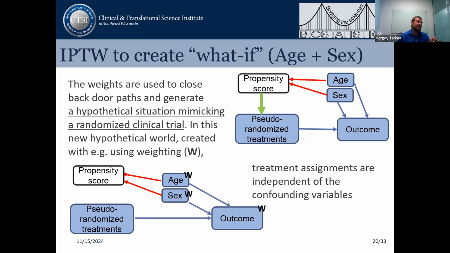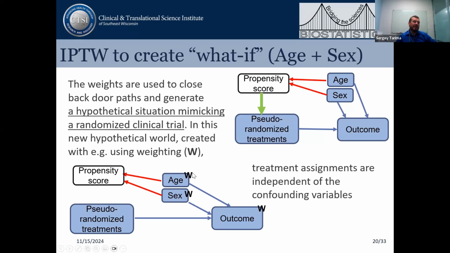And this is what is happening in the randomized clinical trial. So essentially, when we apply specific weights, we are mimicking a randomized clinical trial. This is what propensity score does.